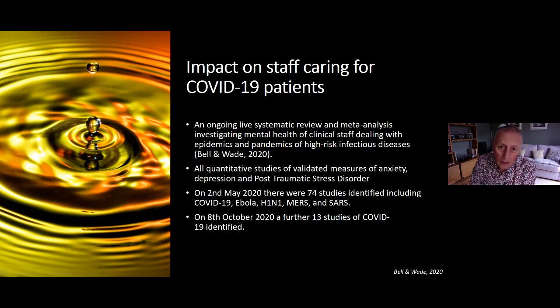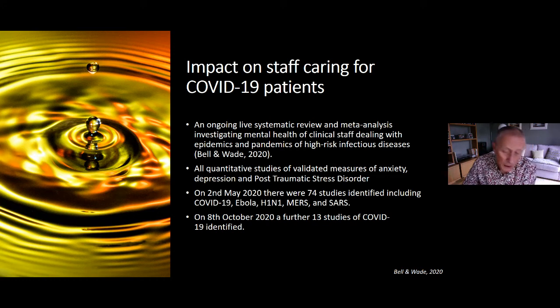What of the impact on staff caring for COVID-19 patients? We have data from a wonderful living systematic review of the mental health impacts on clinical staff dealing with epidemics and pandemics. So this includes more than COVID-19, but includes a range of other high-risk infectious diseases, including Ebola, H1N1, MERS, and also SARS that I've mentioned already.